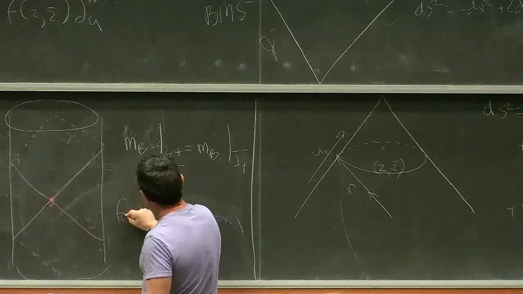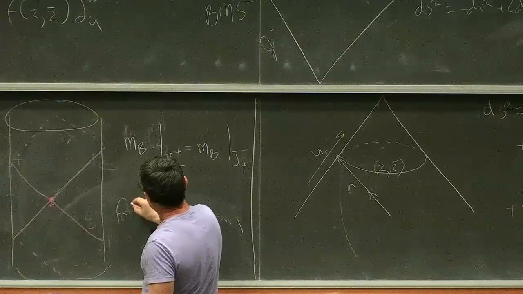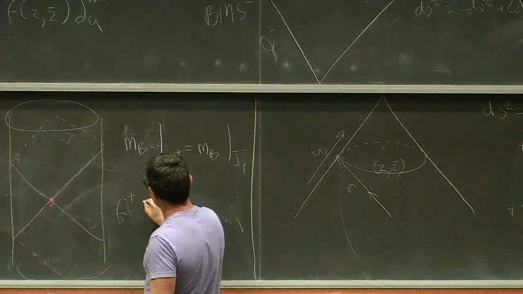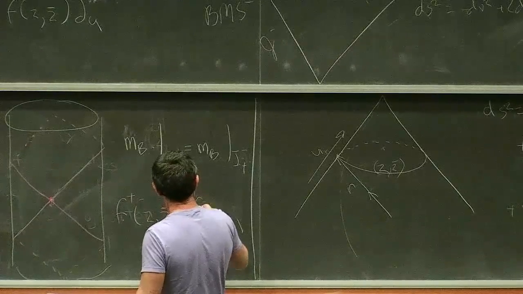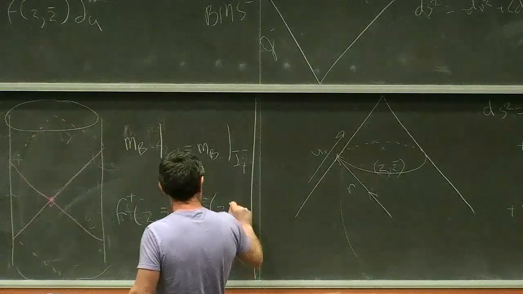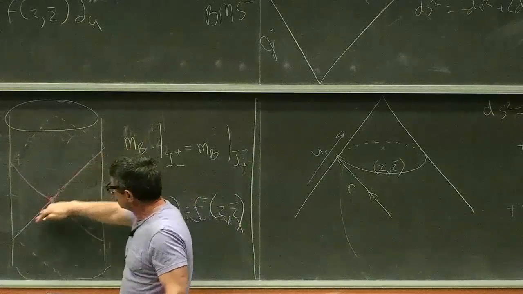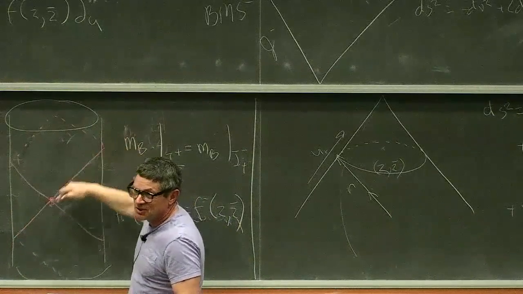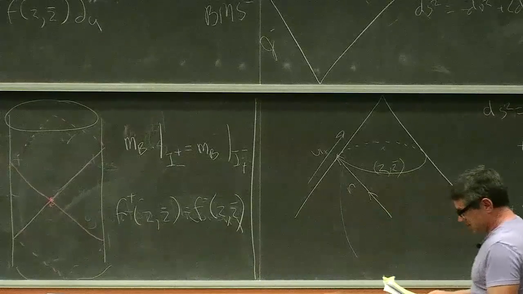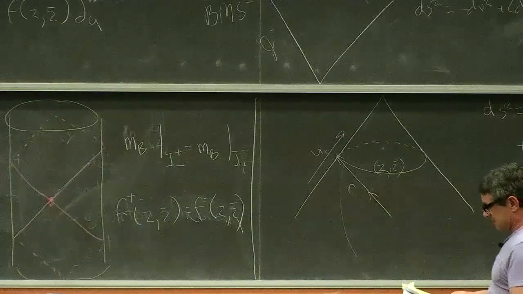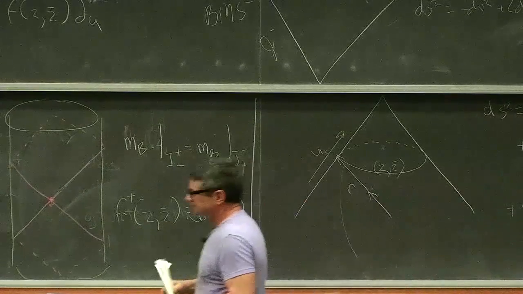And moreover, the super translations, let me call them F plus for the ones on scri plus, have to equal F minus. So the super translations are constant along the whole null generators. It's the simplest thing you could imagine, and it's the only thing that is consistent with Lorentz invariance.